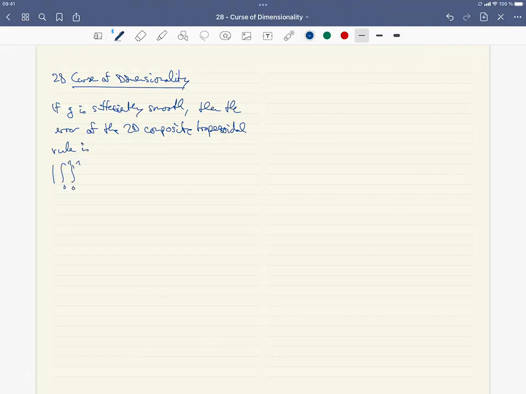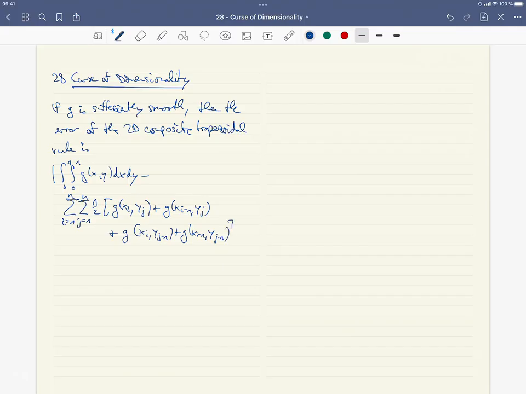True integral of a two-dimensional function, g of x and y, dx dy, minus the composite trapezoidal rule, sum i running from 1 to n, sum j running from 1 to n, 1/2, and then there's an average, plus g(x_{i-1}, y_j) plus g(x_i, y_{j-1}) plus g(x_{i-1}, y_{j-1}). Yeah, so average over the four corners of a rectangle.